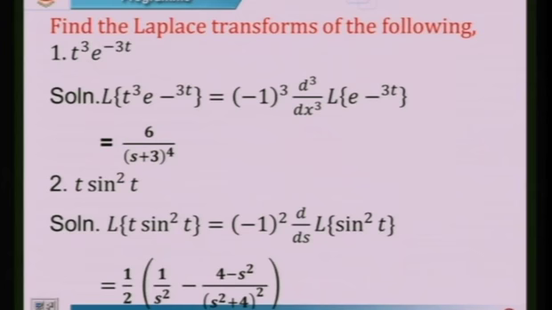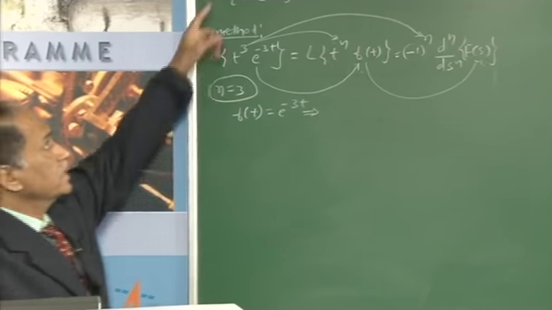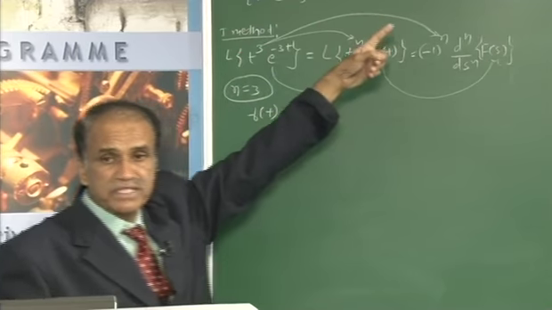Take maximum care: once the problem statement is given, it must be properly compared with the formula. Here n equal to 3, f of t is equal to this one and its f of s is to be written. Okay, let me take f of t equal to e to the power minus 3t. How are you getting f of s? You get f of s by applying the Laplace transform basic definition.